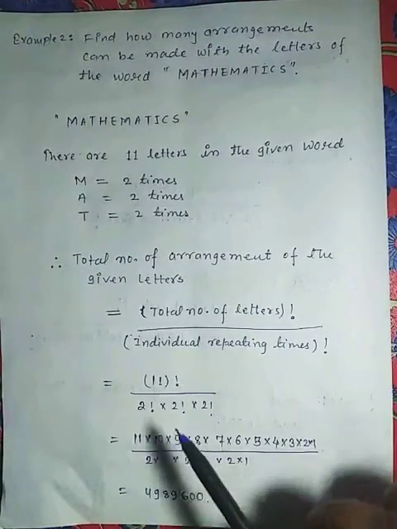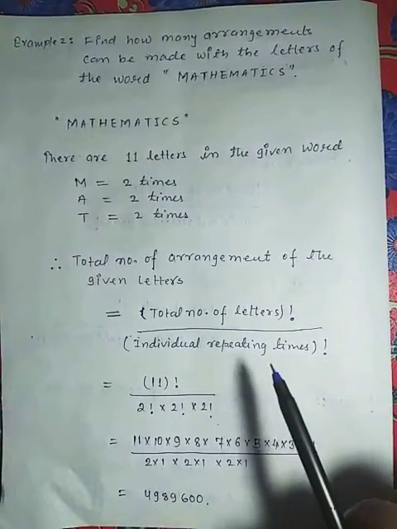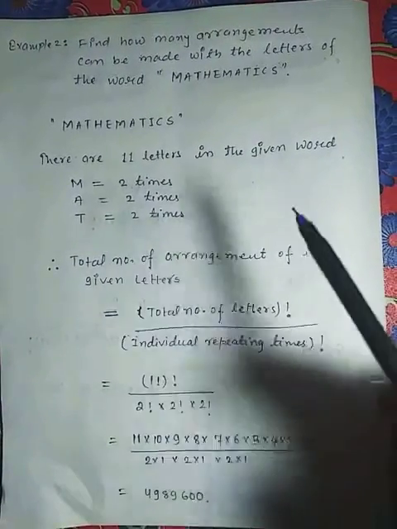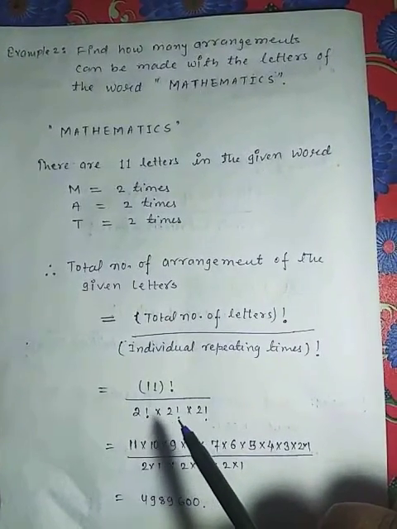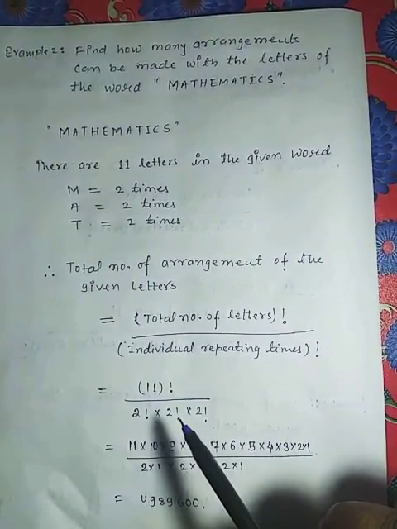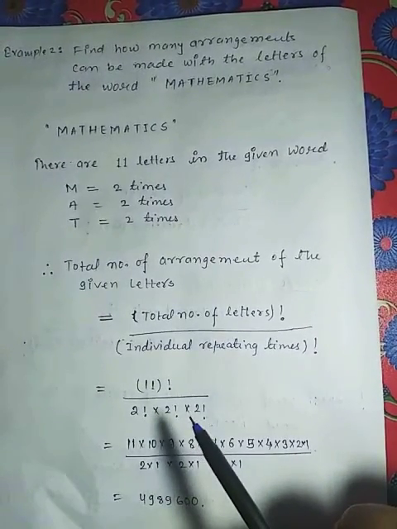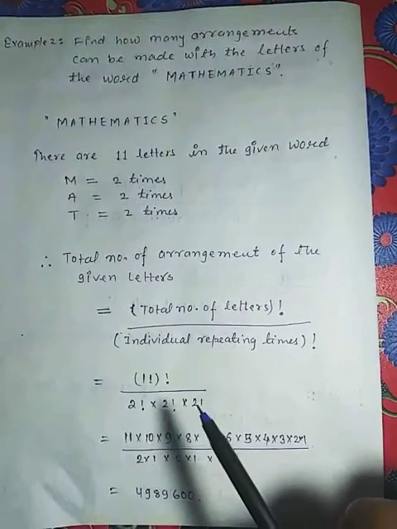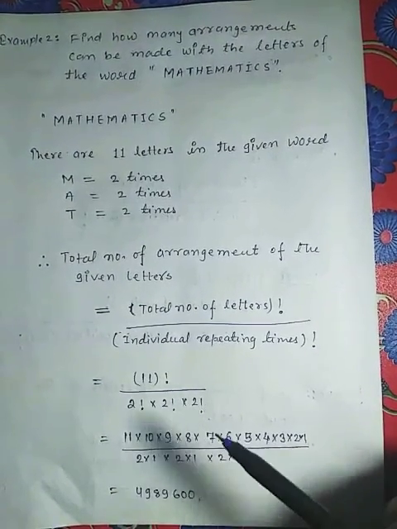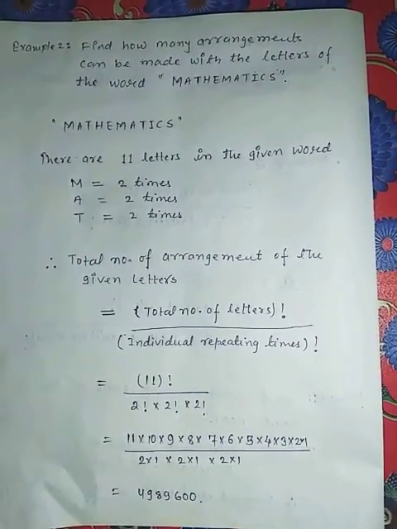So 11 factorial divide by individual repeating times. M repeats 2 times, so 2 factorial into A repeats 2 times, so 2 factorial into T appears 2 times, so 2 factorial. And after simplifying we get the answer.